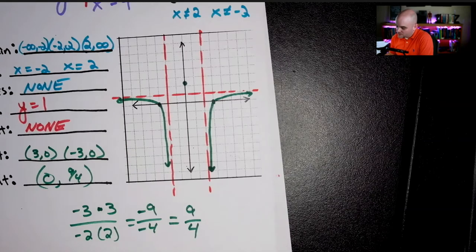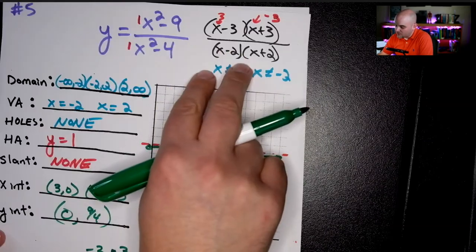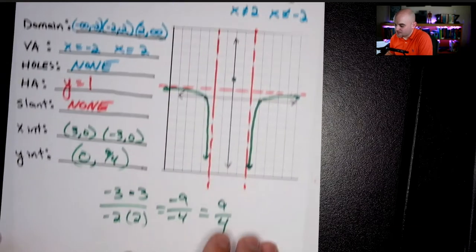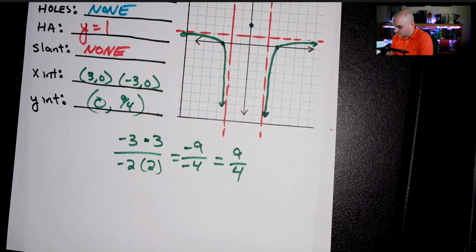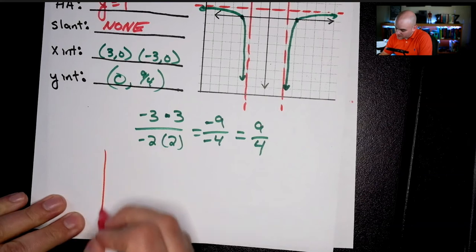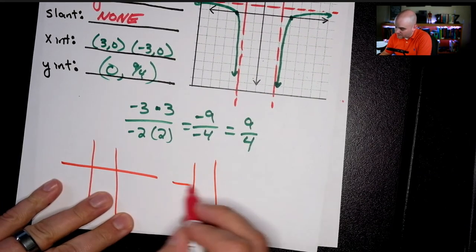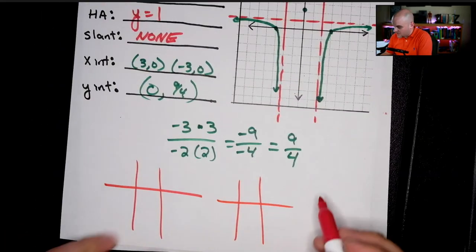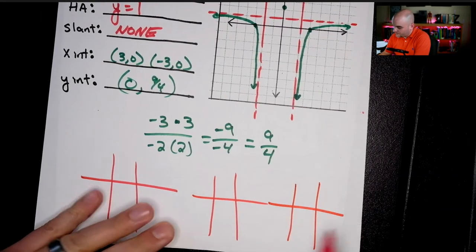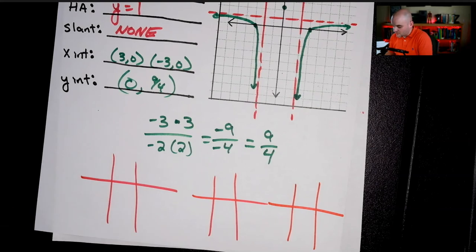So typically when we've got these two with vertical asymptotes, there's a couple of things that happen. Let's look at some patterns that I can show you. So let's say we've got two vertical asymptotes and a horizontal. I'll do a couple here for you to follow along with. Usually the way the pattern looks is this.